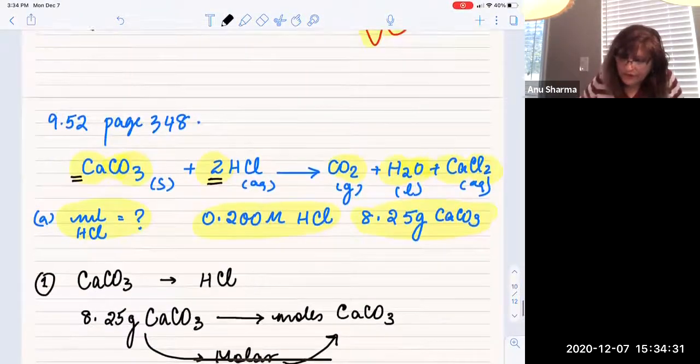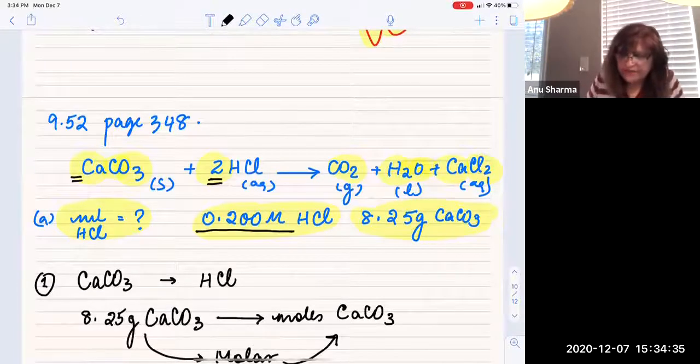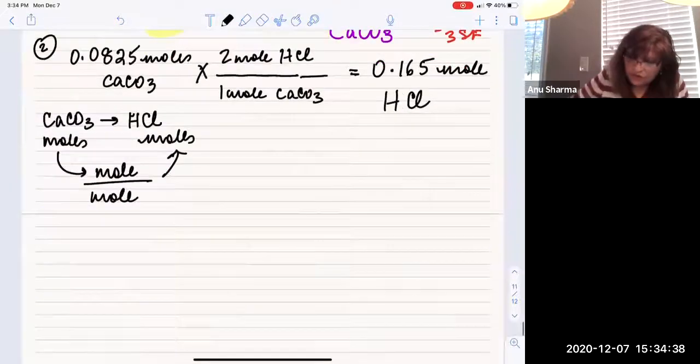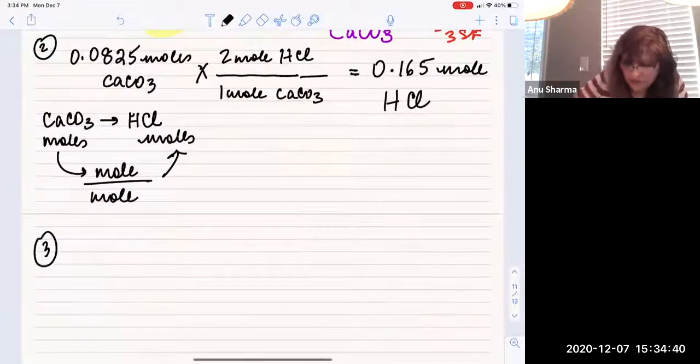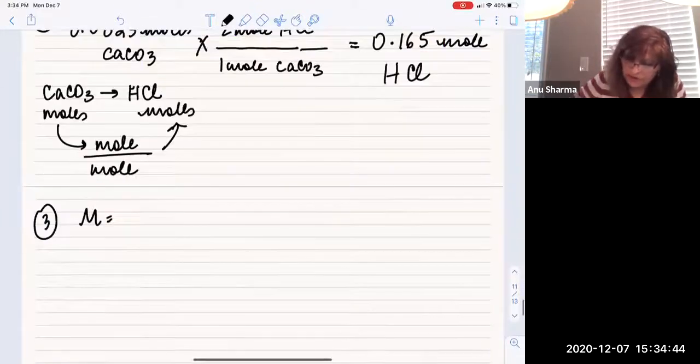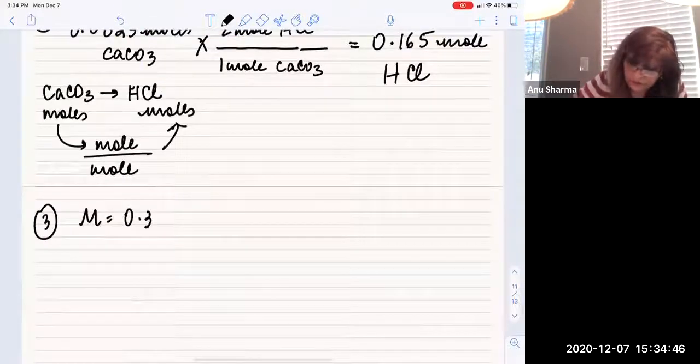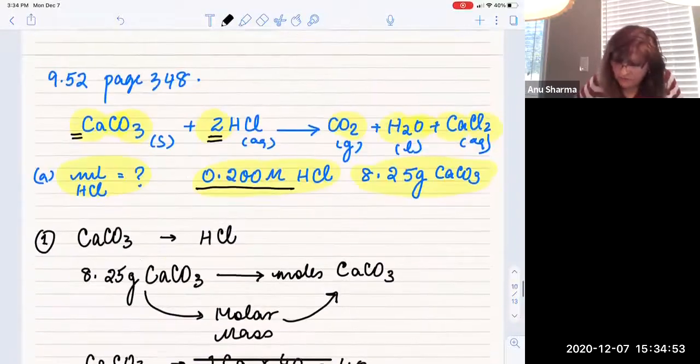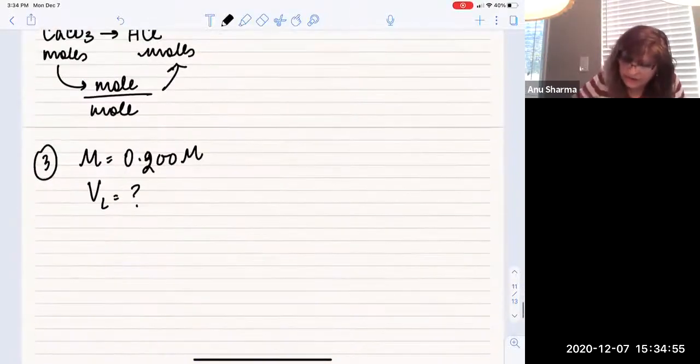So now we have the moles of HCl. Next we need to find the volume of HCl. What is given to us? The molarity of HCl, 0.200 M. We need to find the volume in liters, and later we will convert to milliliters, since that's what they want.